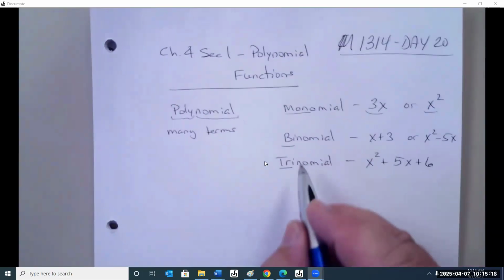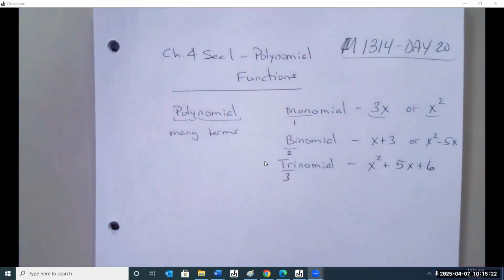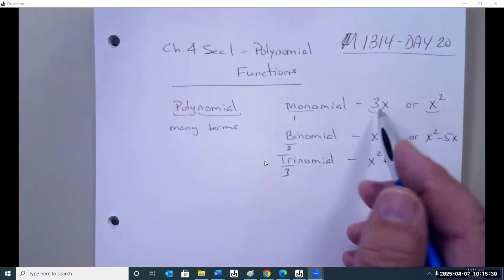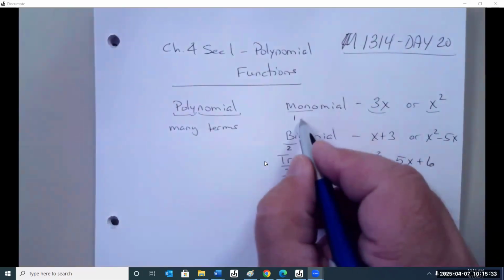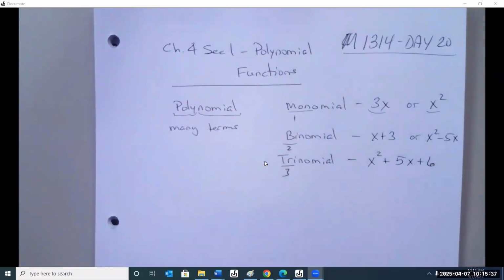That's three terms. This is one term, two terms, three terms. So a polynomial is anything like this. You can say this is a polynomial of degree 1. This is a polynomial of degree 3.